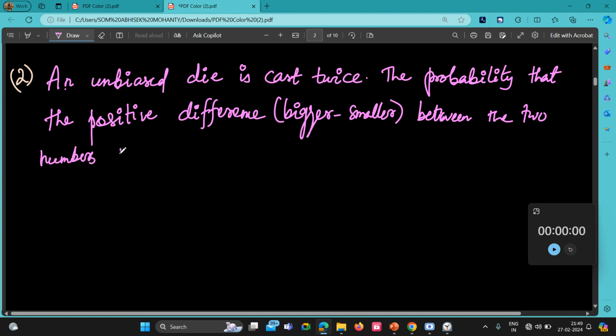An unbiased die is cast twice. The probability that the positive difference between the two numbers is 2 is dash.